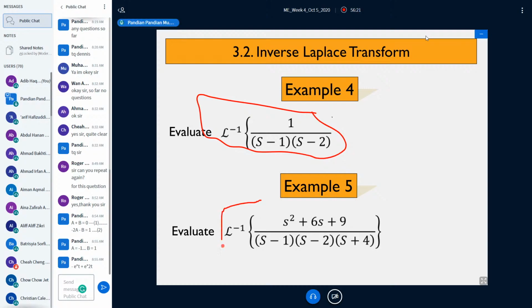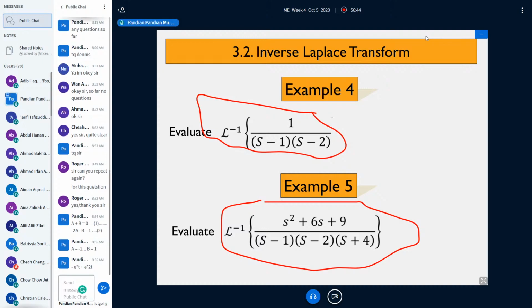Now we want to solve this one. Take a piece of paper and pencil. I can give you the final answer. So number 2, the final answer is minus 16 over 5 multiplied by e power t.